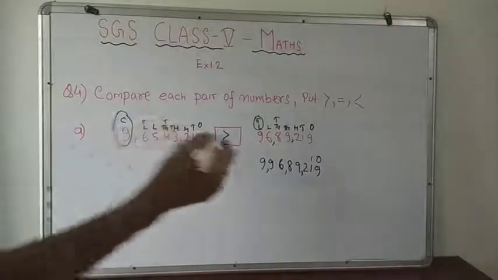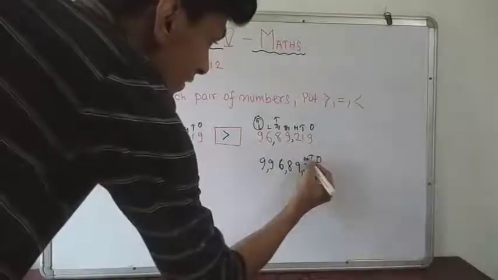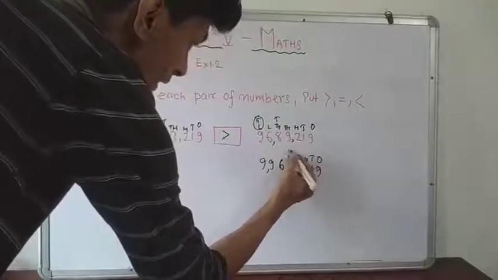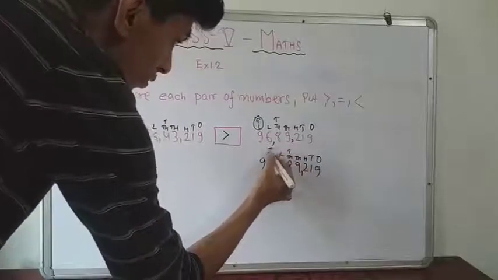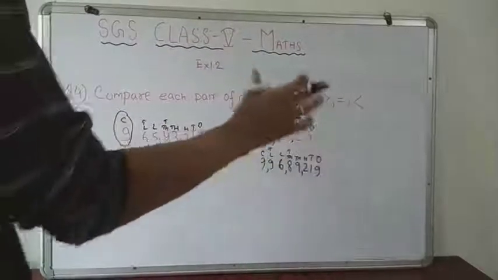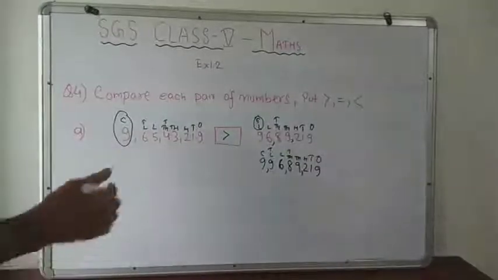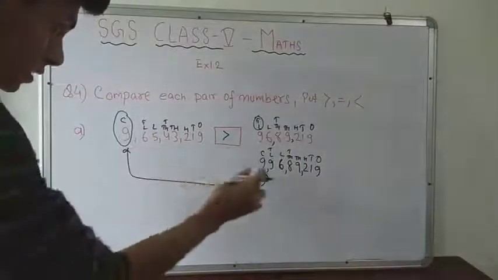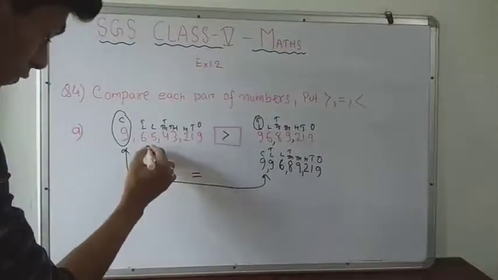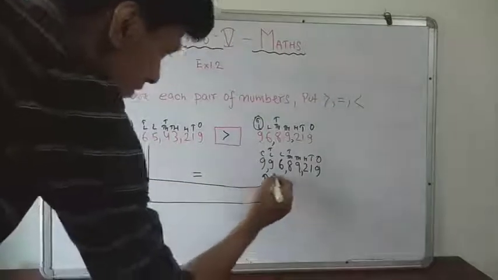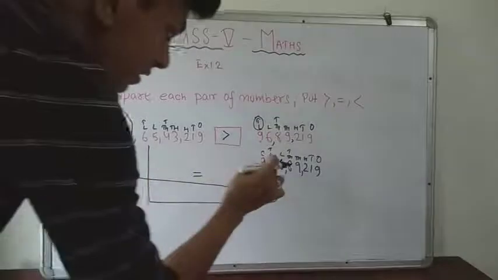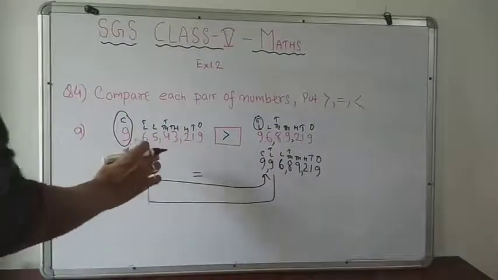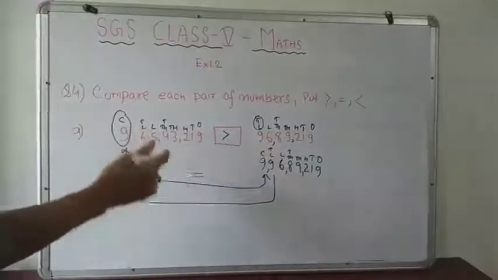We place ones, tens, 100, 1000, 10,000, lakh, 10 lakh, crore. Both numbers have equal place value. Now we compare the first digit to the first digit, that is 99, which is equal. Now we compare the second digit, the 10 lakh place digit with the other 10 lakh digit. After comparing both digits, we can easily say that this 9 is greater than 6.